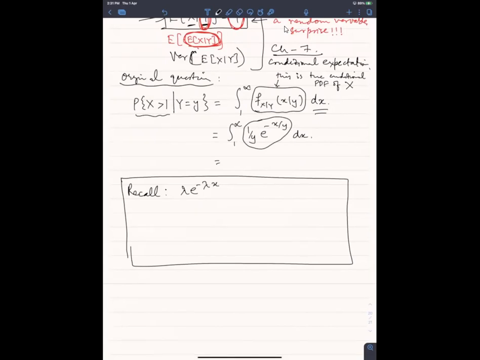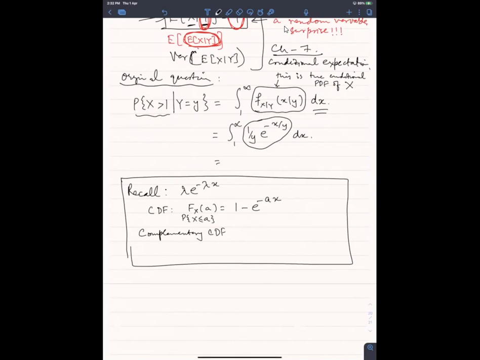So what was its CDF? F x of a was 1 minus e to the minus lambda a, and what was the complementary CDF? Recall, CDF is the probability x is less than or equal to a.